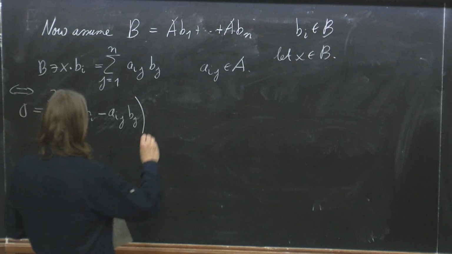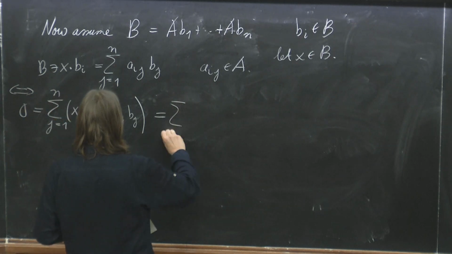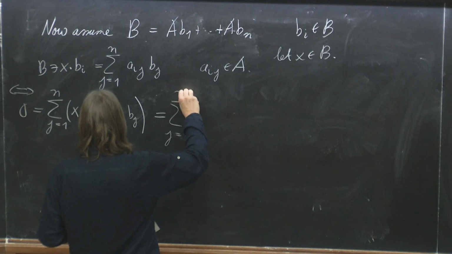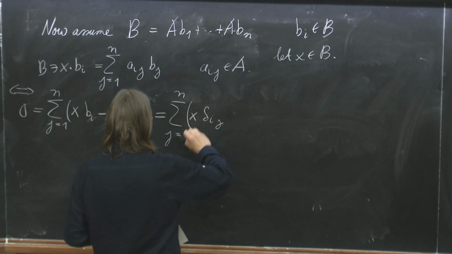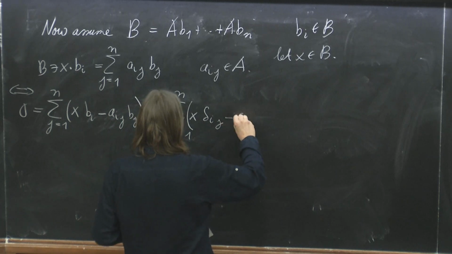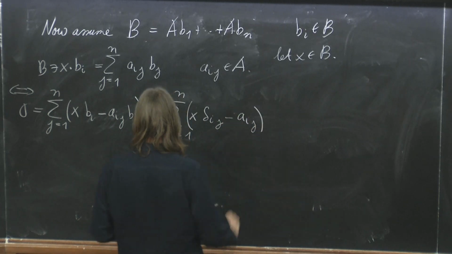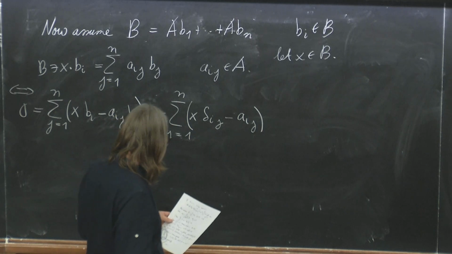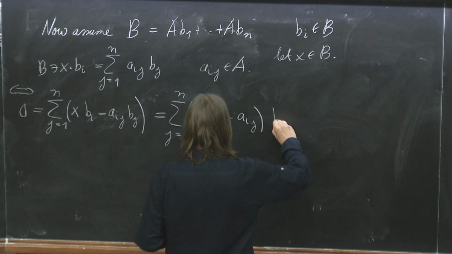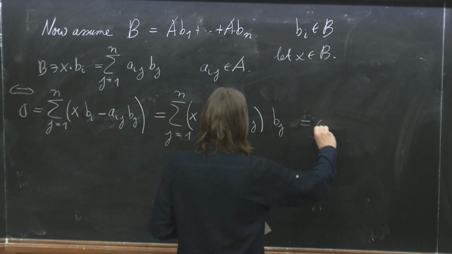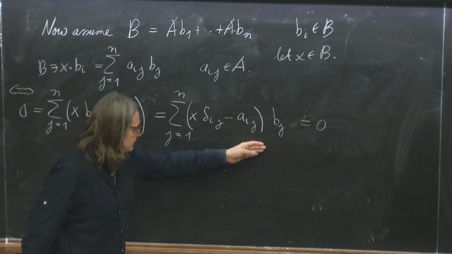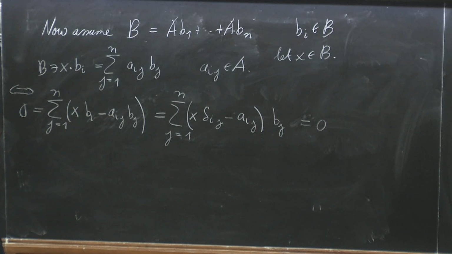And I can also write this as the sum j equals 1 to n of x times delta ij minus aij, the whole thing times bj, equal to 0. So we get this, and this is true for all i.